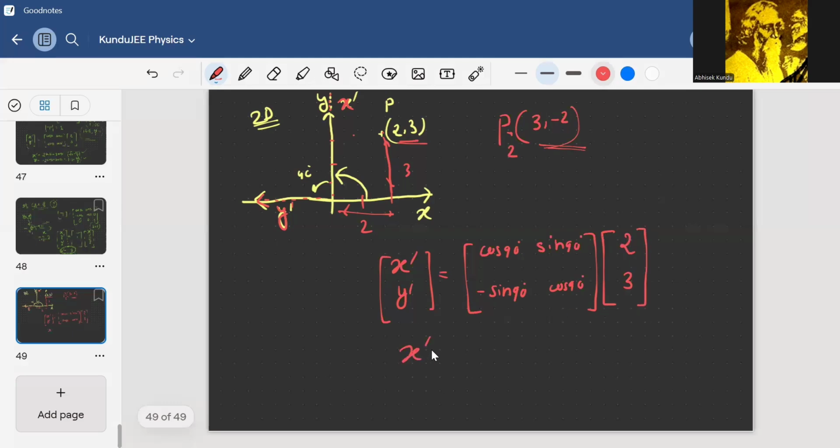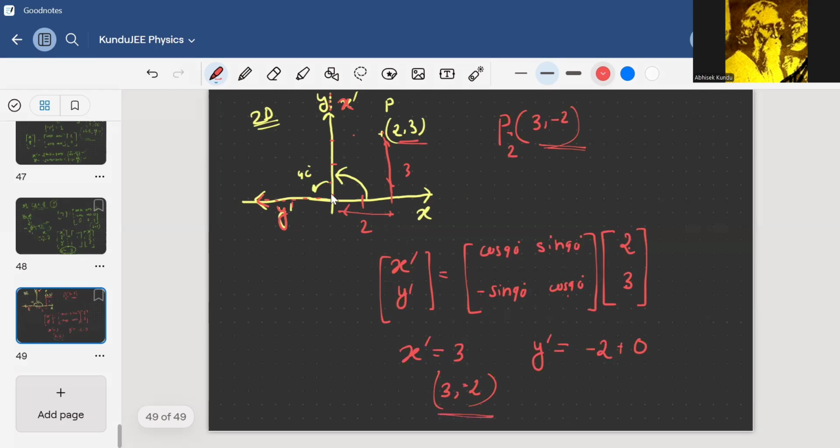What is going to be the value of x dash? 2 into cos 90, that is 0, plus 3 into sin 90, that is 3. Y dash is going to be 2 into minus of sin 90, that is minus 2, plus 3 into cos 90, that is 0. See, we are getting the coordinate of the same point P with respect to the 90-degree rotated coordinate system, 3, minus 2.